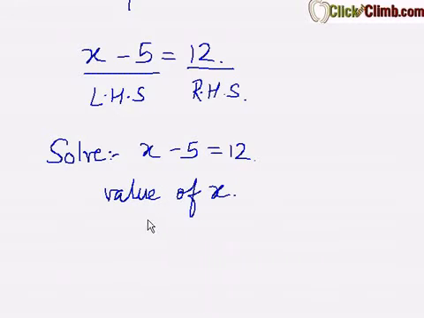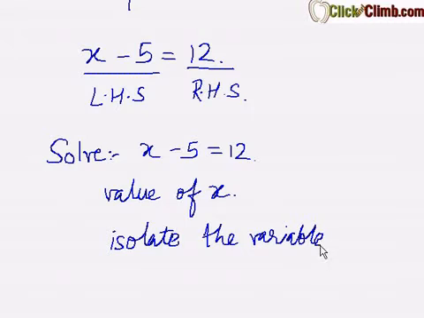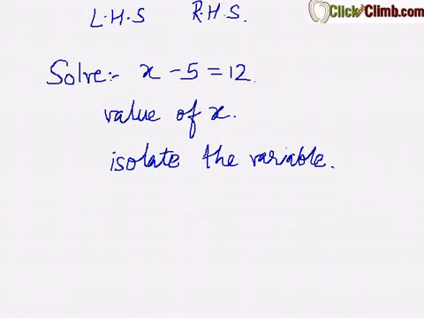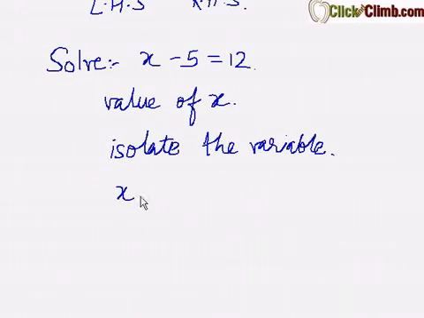Now, when I try to solve this equation, I need to isolate this x. Many times when we are trying to solve an equation, we need to isolate the variable, and here the variable is x.